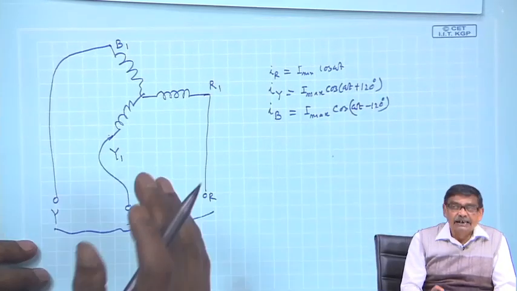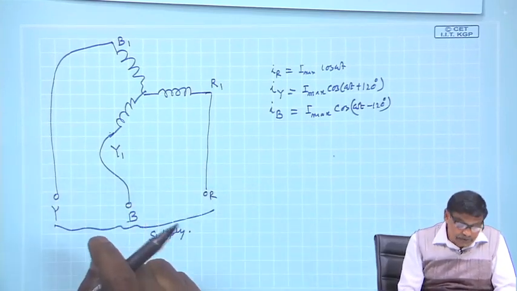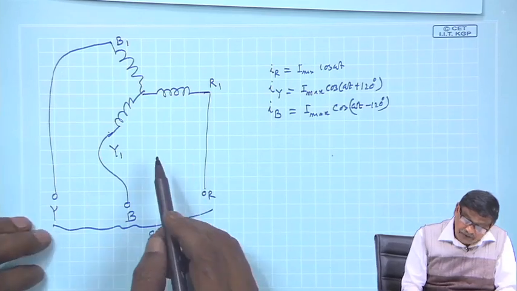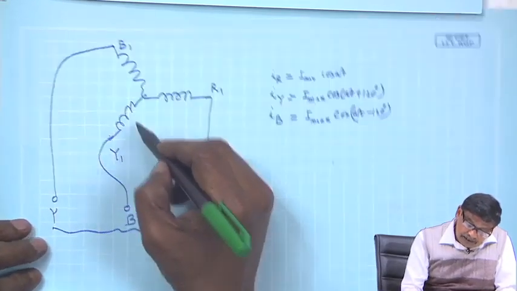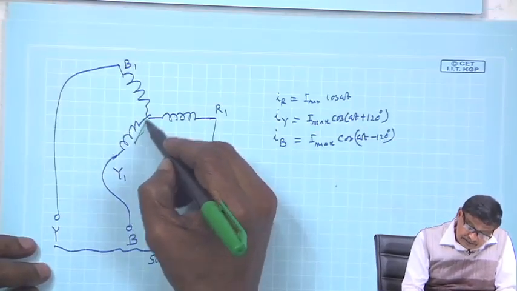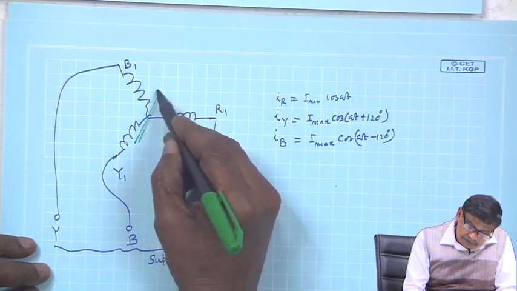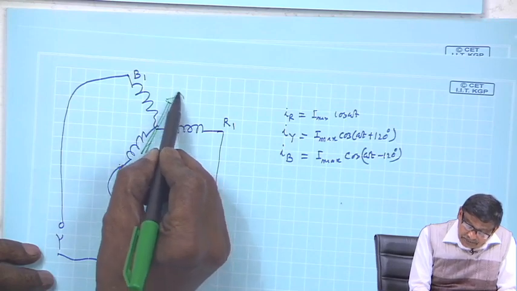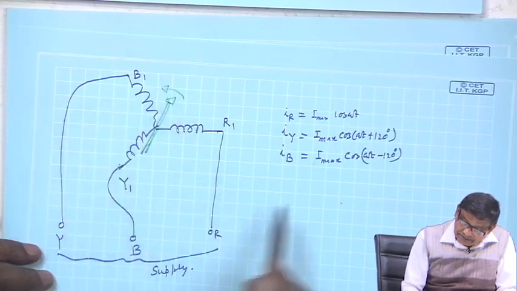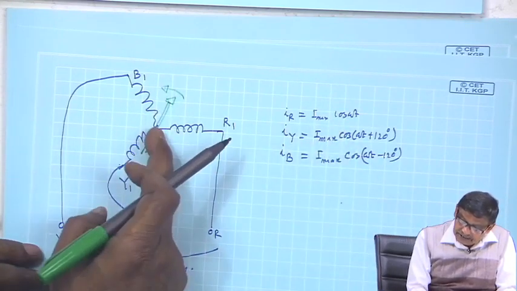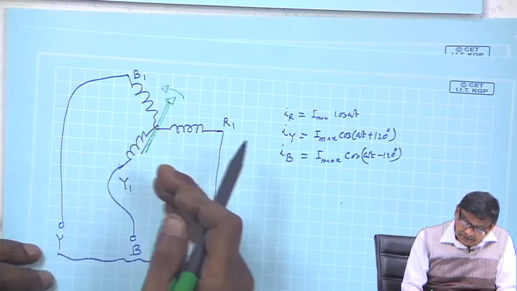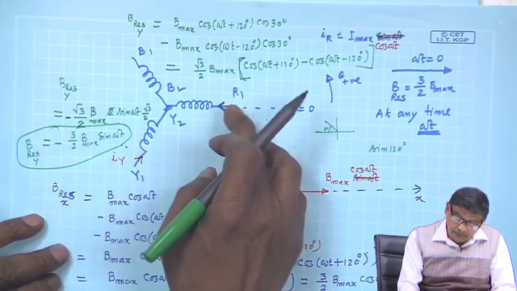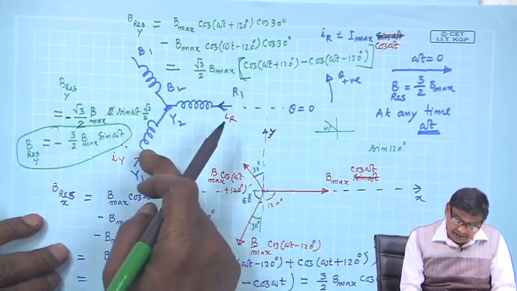You will find once again a rotating magnetic field is produced, but this time it will be moving like this, because R phase is the leading, leading to lagging, it moves R, Y, B, whichever phase carries lag current.